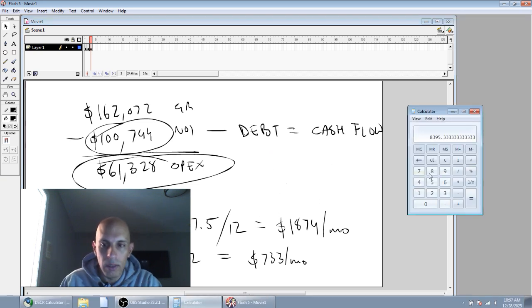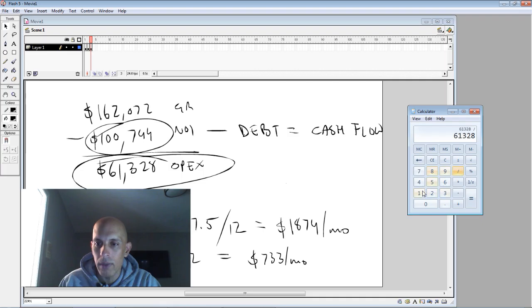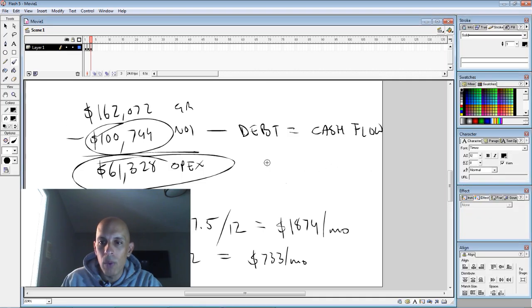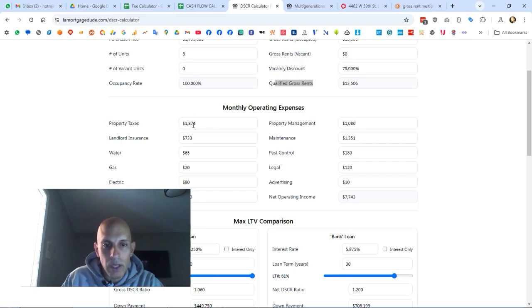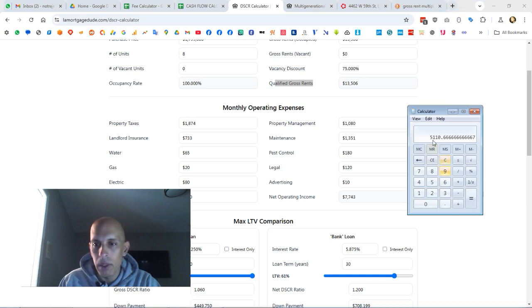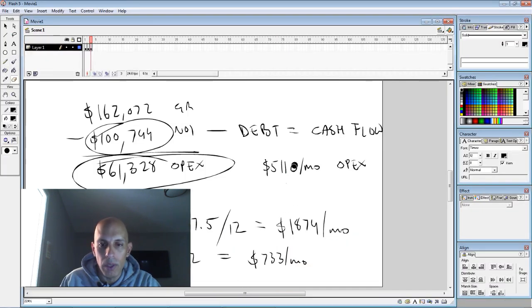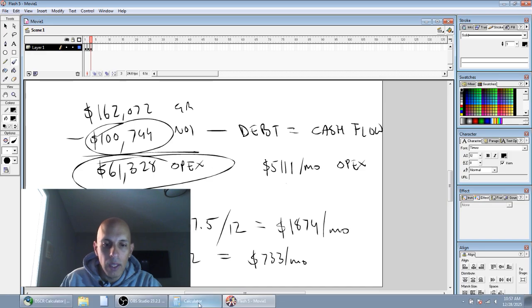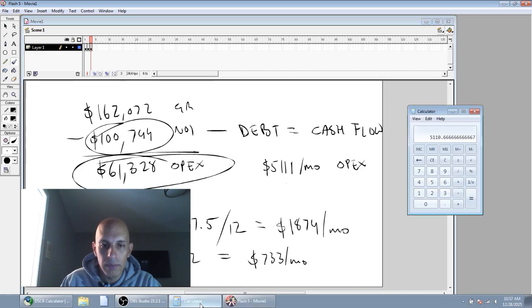So let's see here, 61,328 divided by 12 is 5110. 5110 per month, OpEx. Okay, so we've got already about 2,300 here. So that means property management, maintenance, pest control, legal, advertising, water, gas, electric, trash. All that adds up to roughly $2,500 because we're at 5110. Let's just say 5111. Okay, and now we're going to deduct this from there.